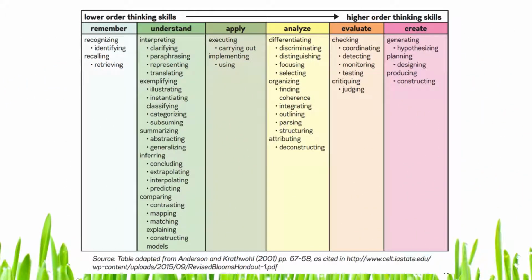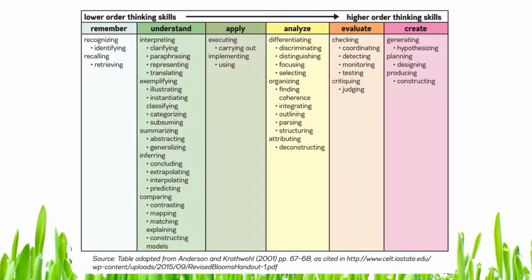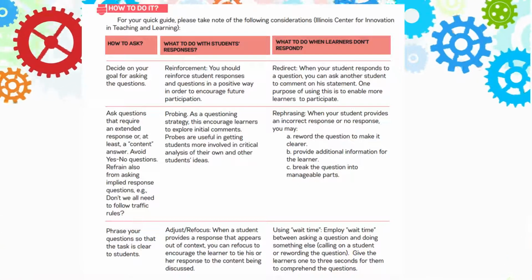To develop critical thinking among your learners, your questioning should encourage them to analyze, evaluate, and create, with sample tasks as presented in the table. For your quick guide, please take note of the following considerations. Illinois Center for Innovation in Teaching and Learning.